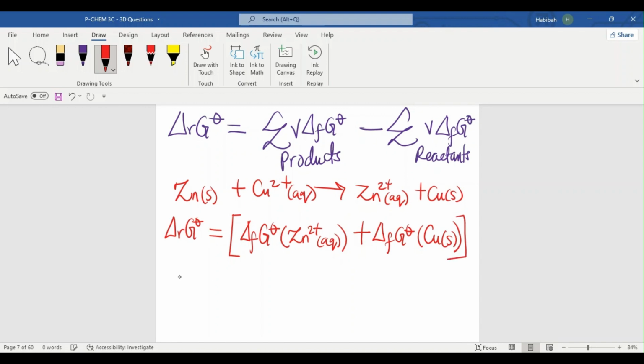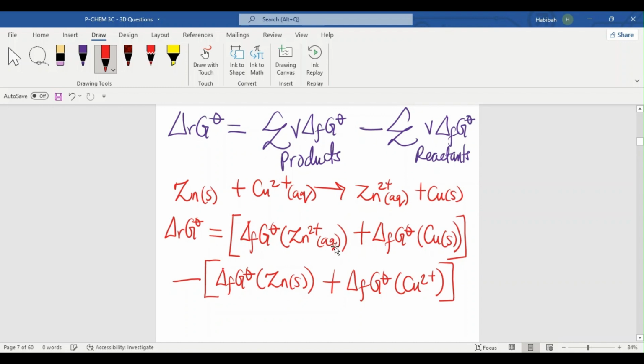All of that minus, now we're going to deal with the reactant side: the Gibbs energy of formation for the first reactant, which is Zn solid, plus the Gibbs energy of formation for the second reactant, which is Cu2+. So you can see that we've properly organized what we have.